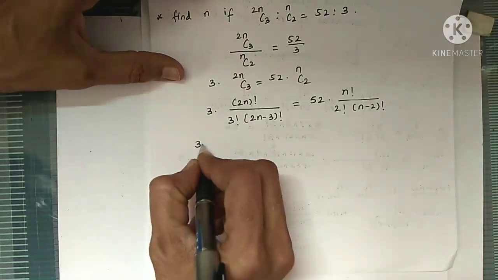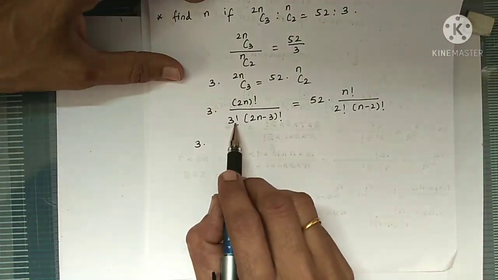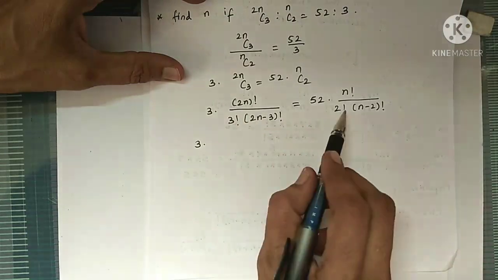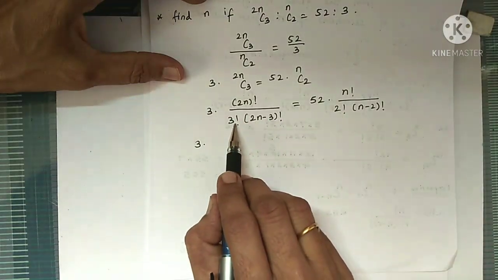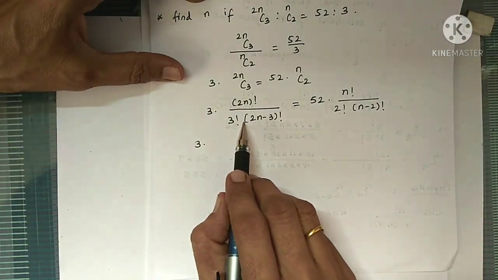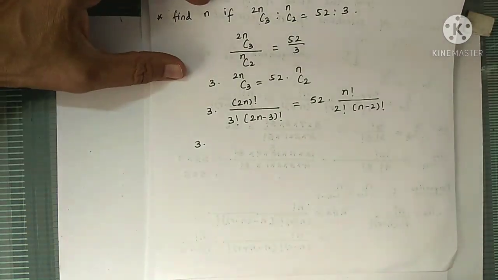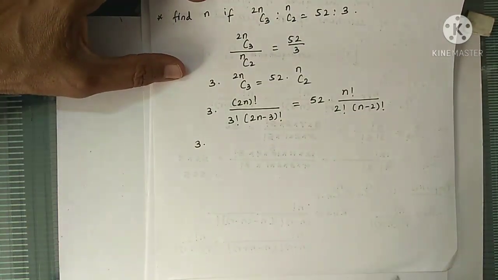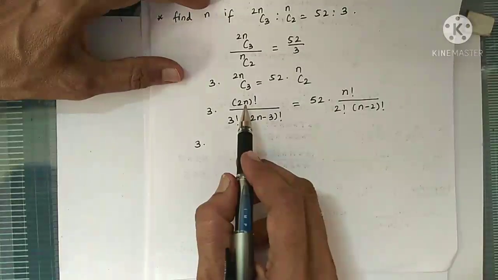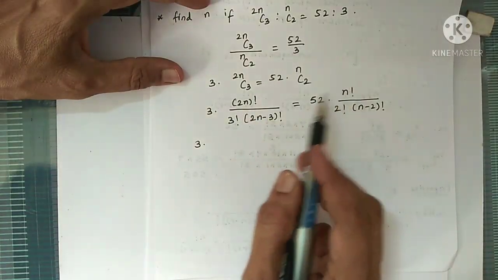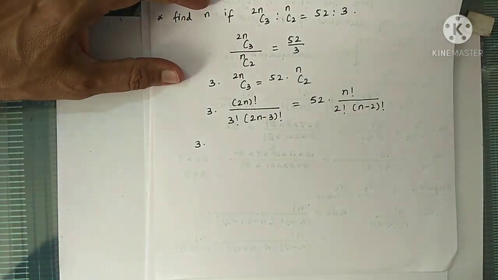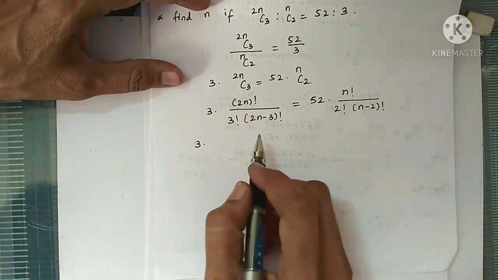So to cancel that, let's compare those terms, 3 factorial and 2 factorial. So 3 factorial we can write as 3 into 2 factorial. So both the denominators will contain that 2 factorial and we can cancel that. Now 2n factorial is here and it is n factorial, so we cannot cancel the terms from this.